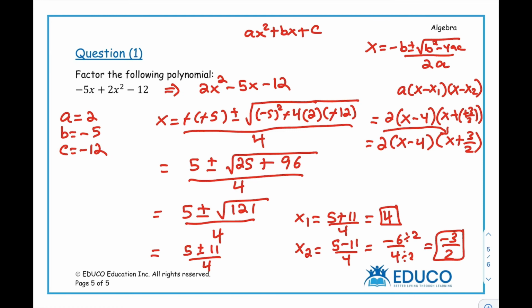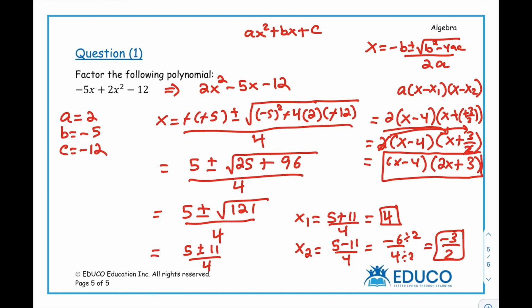To make this a little neater, I can distribute that 2 into both terms inside that second bracket. So the x minus 4 stays the same. And then 2 times x gives me 2x, and 2 times 3 over 2 just gives me 3, because these 2's will cancel. So my fully factored form is x minus 4 times 2x plus 3.